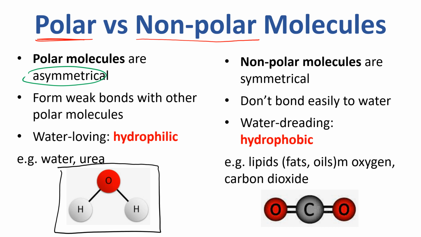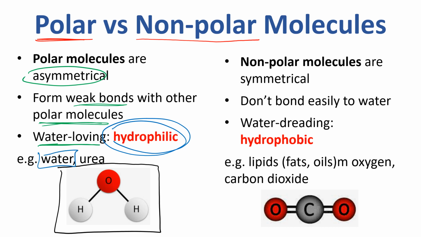And that causes it to be able to form bonds with other molecules. So polar molecules can form bonds with other polar molecules, and they can also form bonds with water. So polar molecules are called hydrophilic, water-loving. Obviously water is polar, and another example is urea, the waste product we produce and we need to get rid of it in our urine.